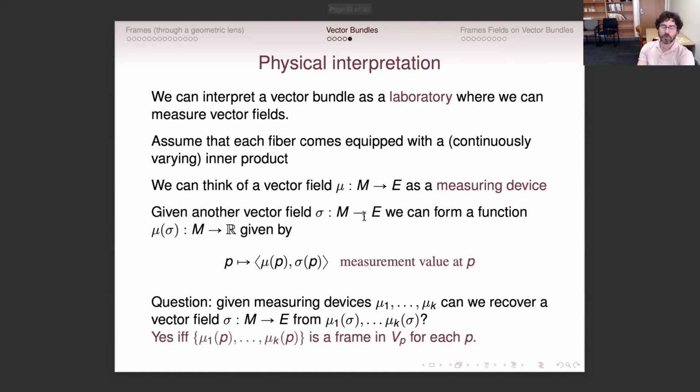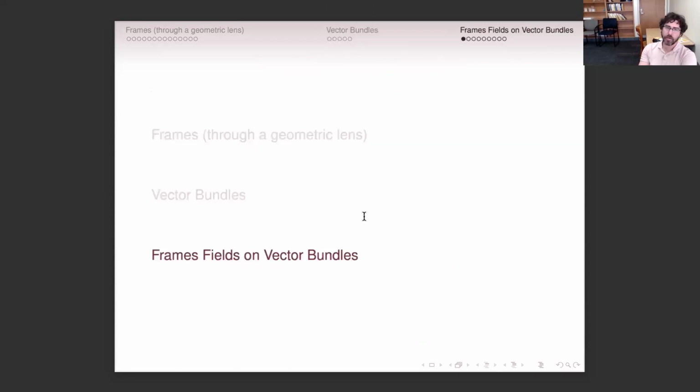And so the answer to this question is yes if and only if at each point the vectors coming from your measuring devices comprise a frame in the vector space at that point. So this motivates the following definition of a frame field on a manifold.